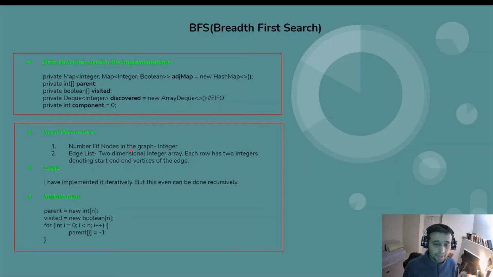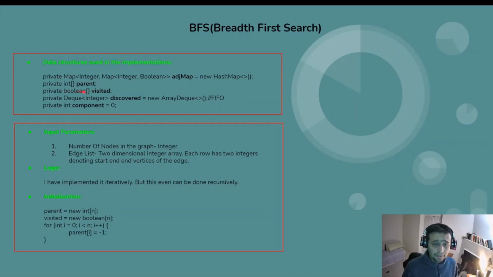So if there are 5 nodes, the first node will be 0, then 1, 2, 3, and last will be 4. That's the reason I have taken an integer array as the parent array. If my start vertex, the vertex from where I start traversing the graph, is 0, then the parent will be 0, and subsequently, whenever the neighboring vertices are discovered, I will mark those vertices with the parent node.